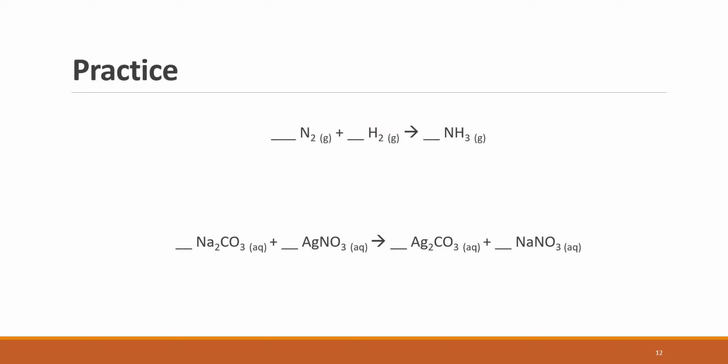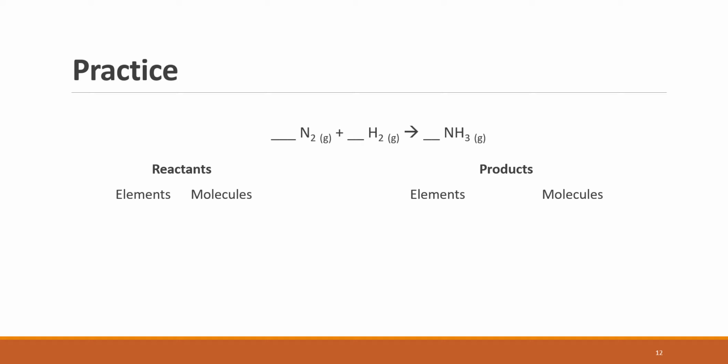So here are 2 more practice problems that you can try on your own. The first one is taking nitrogen gas and hydrogen gas to form ammonia, or nitrogen trihydride if we're naming it systematically, as we learned with covalent compounds.